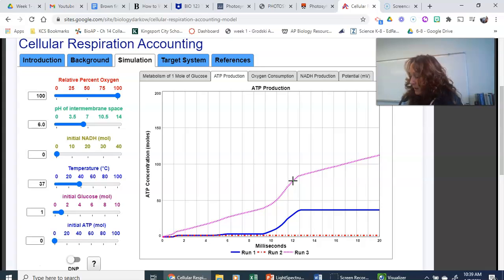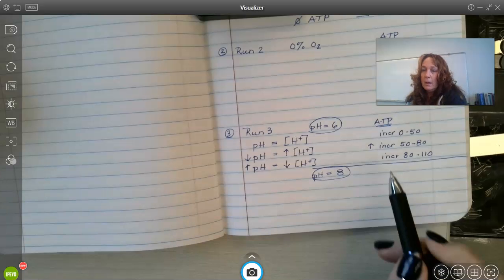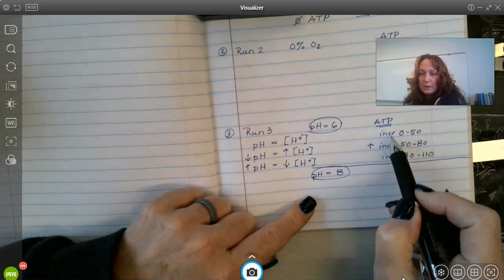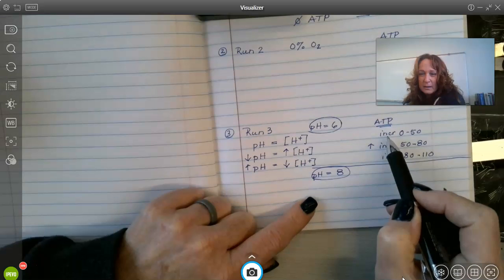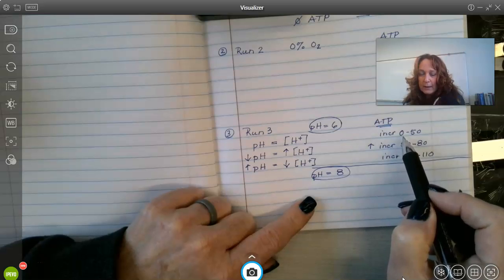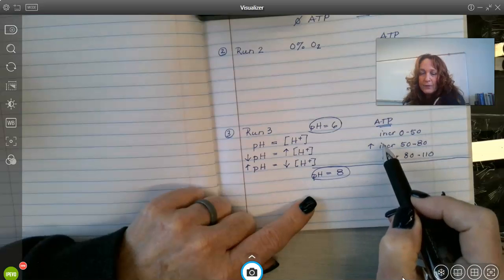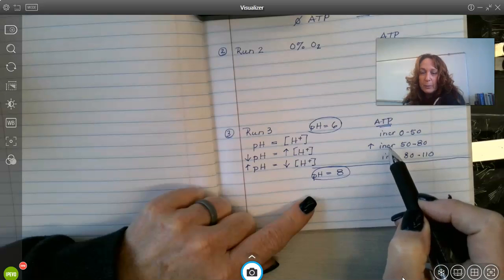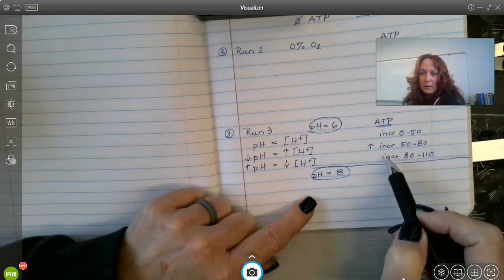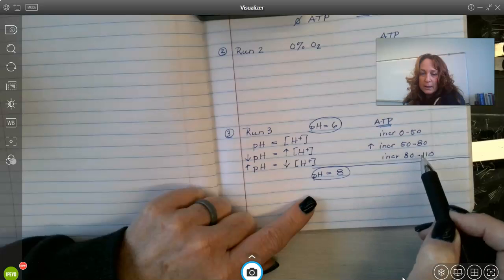I don't know. None of that matters. Okay, so here's what that looks like on my notes. I just said that there was an increase, which to me means positive slope initially that went from 0 to 50. At 50, that slope was steeper until I hit 80, and then the slope was not as steep.